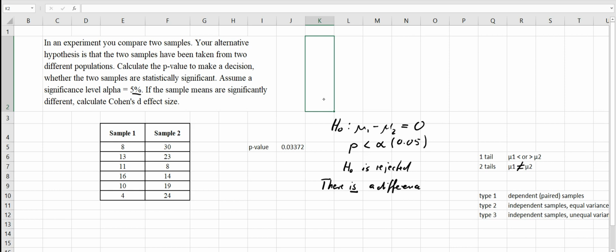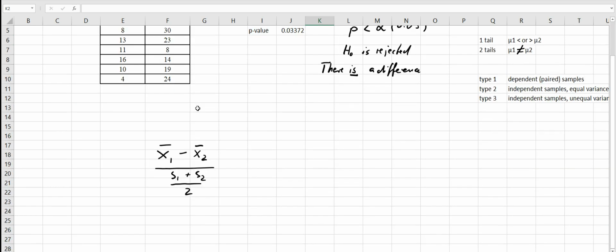So we know that the two samples are different, and what we need to do now is make a decision whether this effect really makes a difference. And to do that, we can calculate what is known as Cohen's d. Let me write this down here. So Cohen's d effect size.